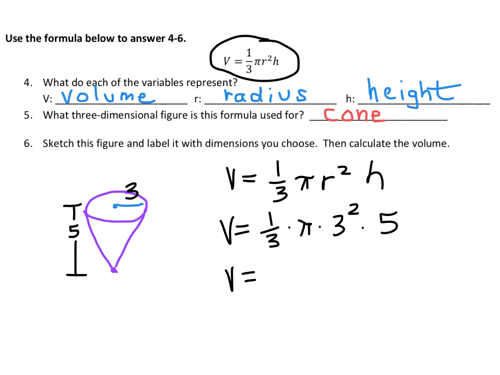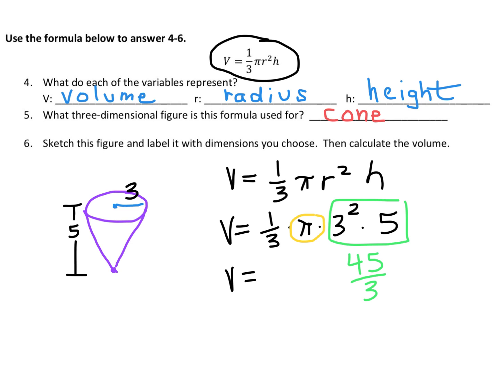Okay, so now I'm going to save the pi for last, and I'm going to do 3 squared times 5. That's going to be 9 times 5, so that's 45. And then a third of that is the same thing as dividing that by 3. So 45 divided by 3.